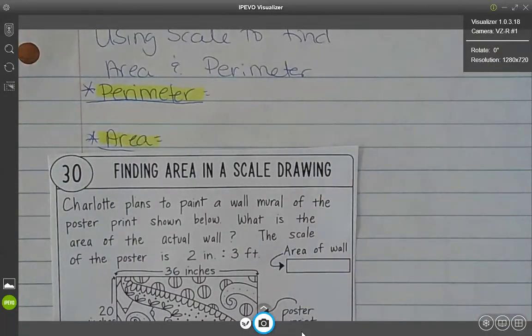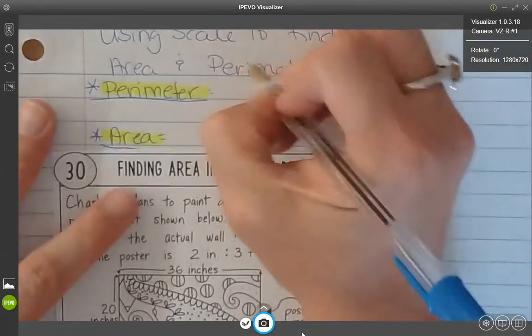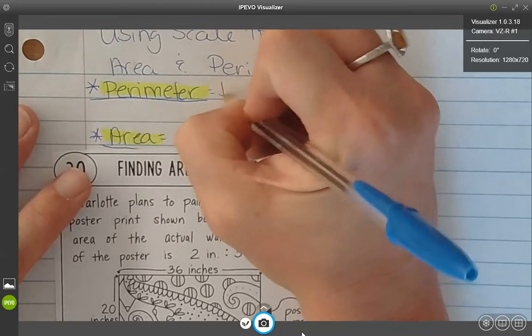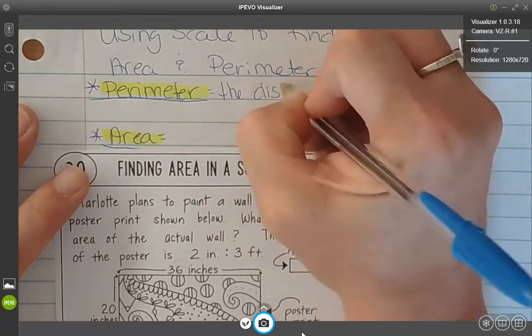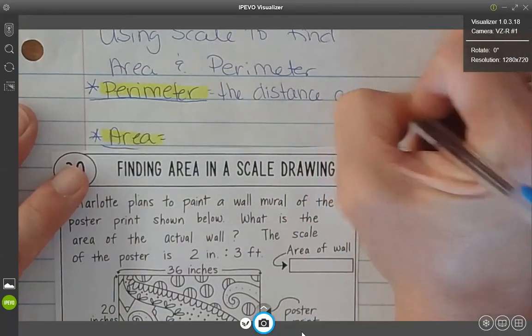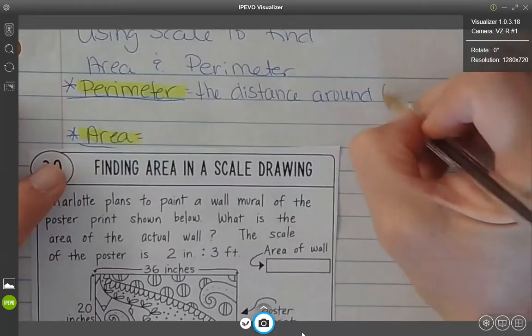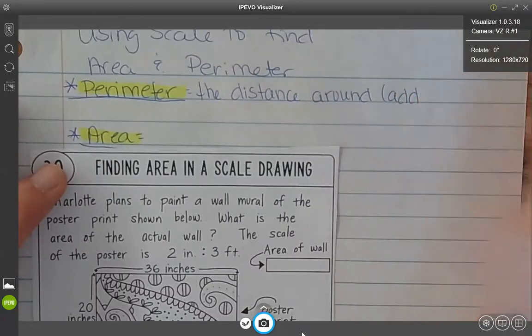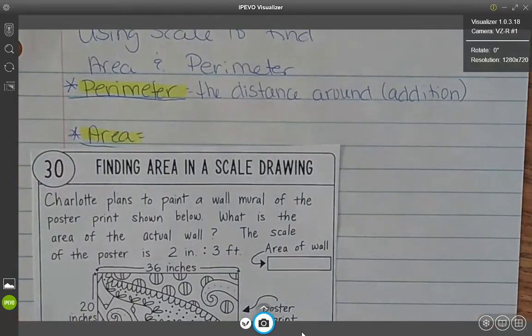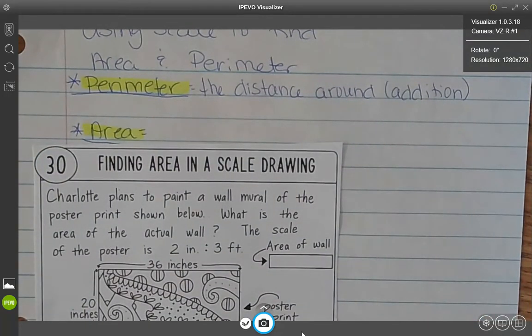so I wanted to make sure that you guys knew the difference. So perimeter is the distance around. And we use adding or addition. So again, perimeter is the distance around, and it's using addition.